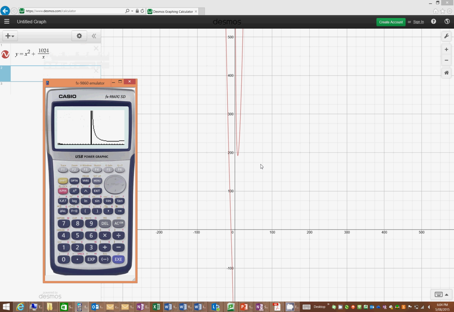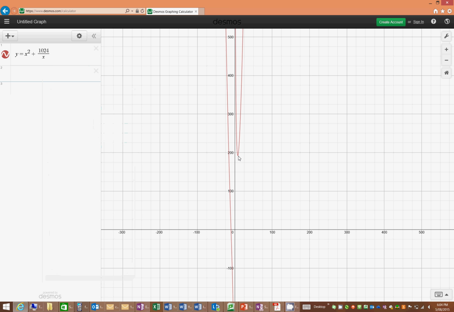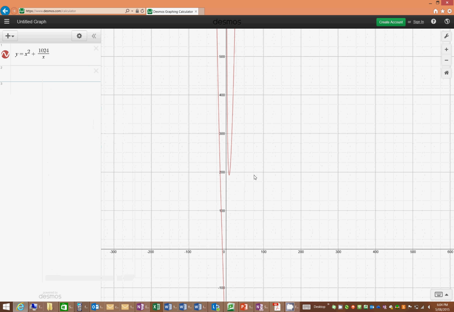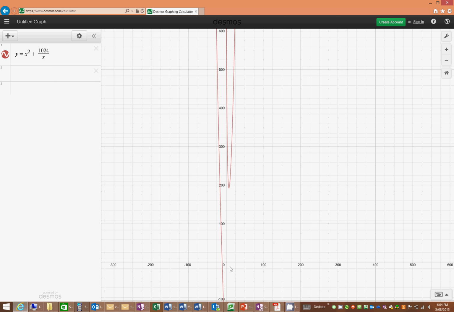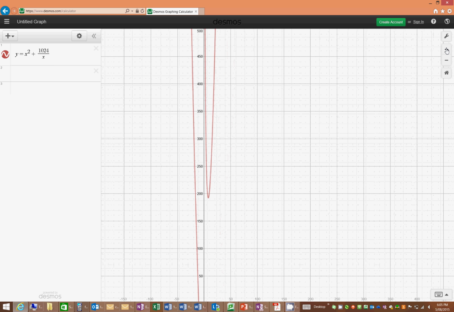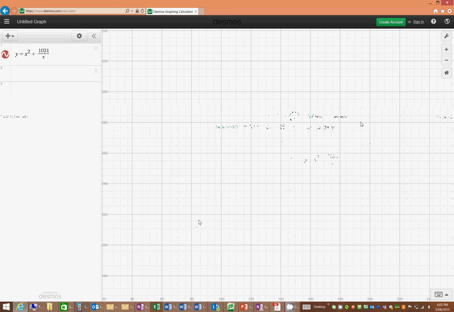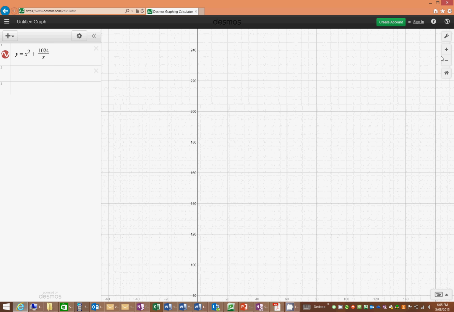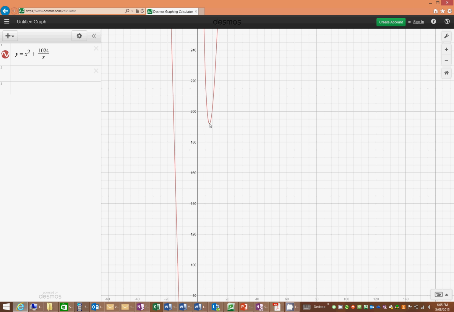On Desmos I can zoom in, and at this point here, 8, 192 is where the minimum is. You should be able to do a similar thing with the calculator.